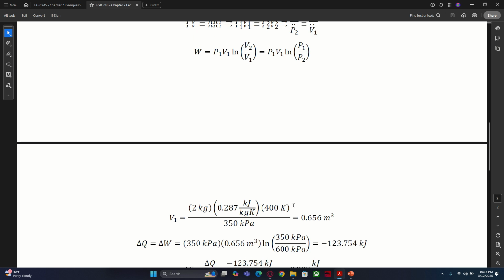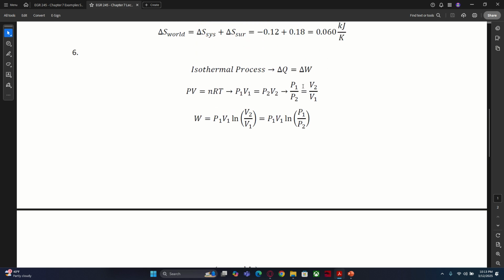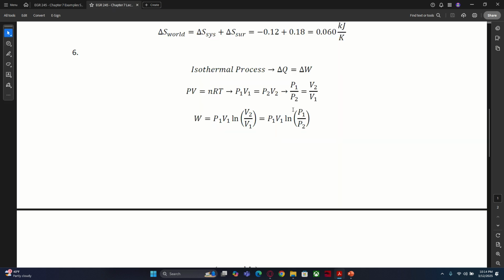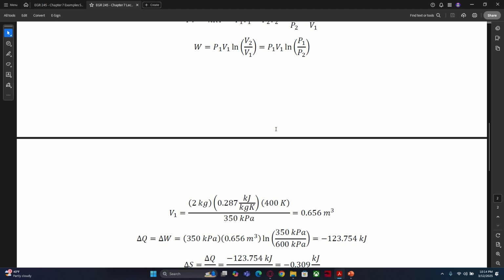The reason why we did this rearrangement of ratios from V2 over V1 to P1 over P2 is because in our problem, we're not given the initial and final volumes, but the initial and final pressures. So basically, instead of solving for V1 and V2, let's just solve for V1 and then plug in P1 and P2 because we're already given both pressures.